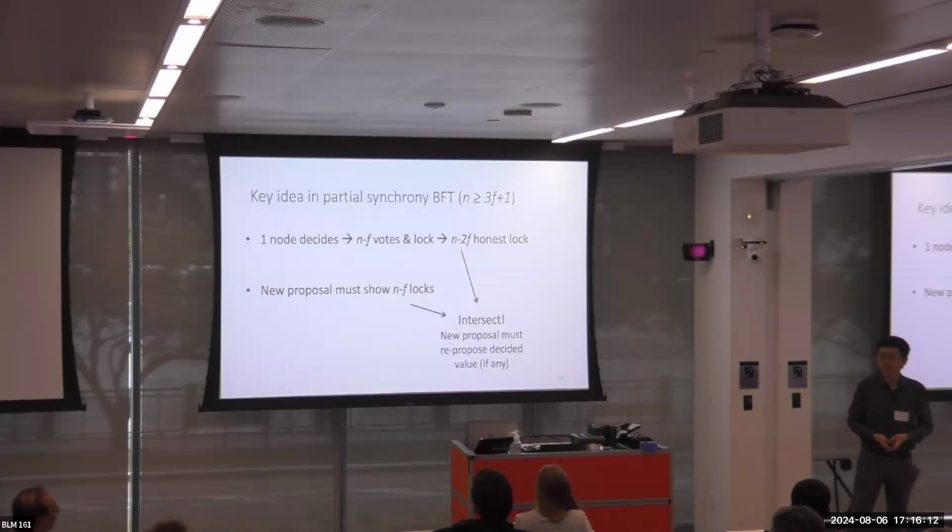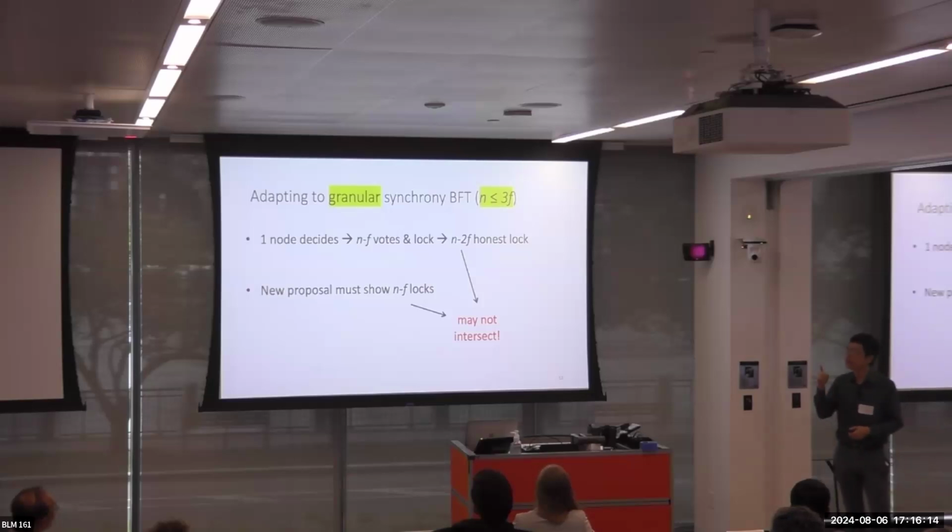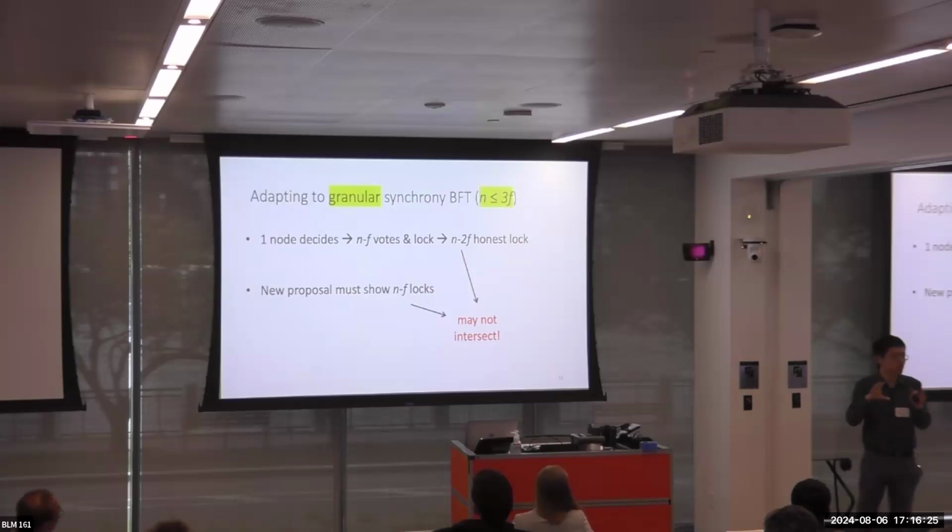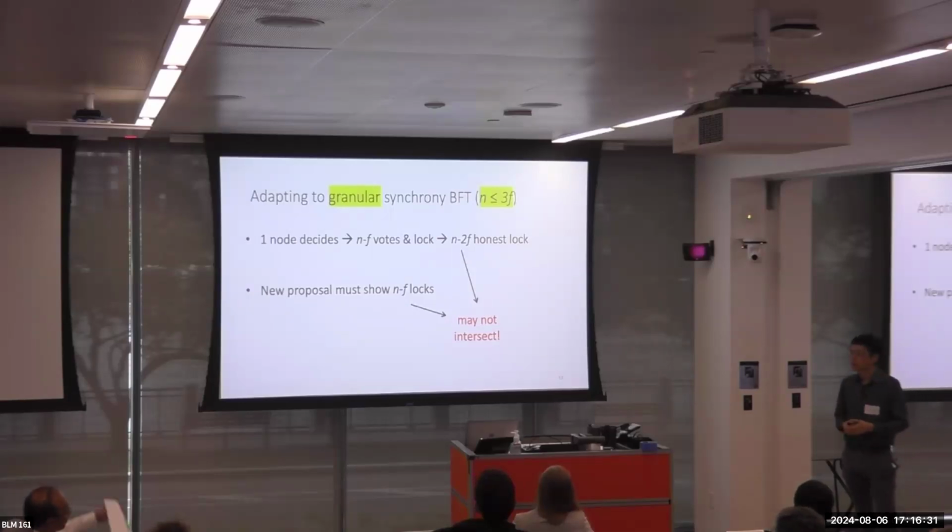Now we are in the n less than or equal to 3f region, so we cannot make that argument. N minus 2f and n minus f may not intersect.